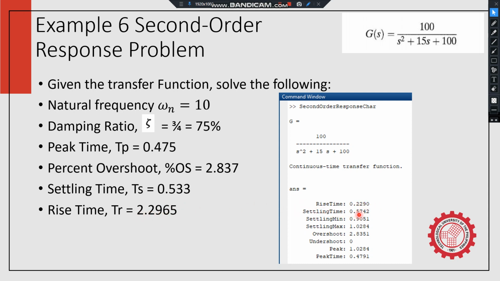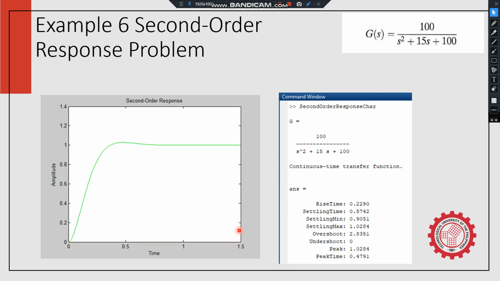For the settling time, 0.533, so they are almost equal. And for the curve, this is the step response. So it's a somewhat underdamped system.